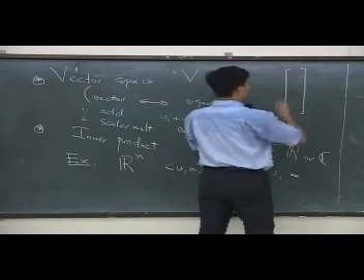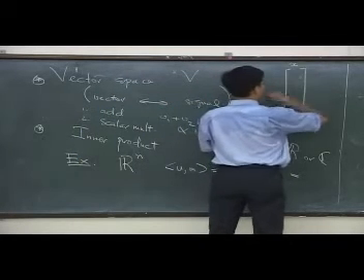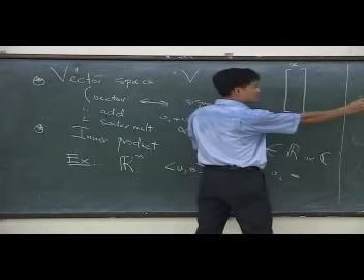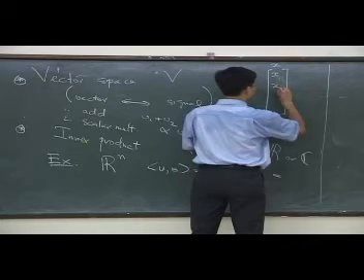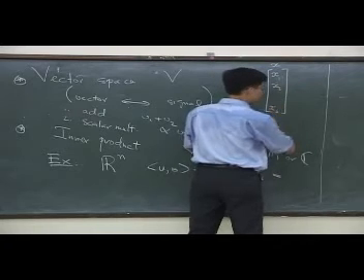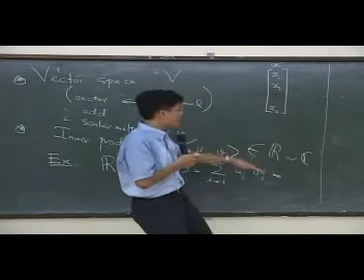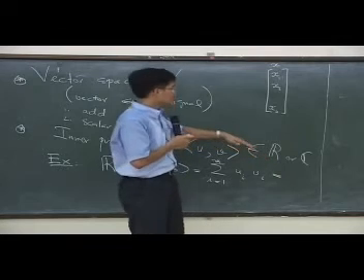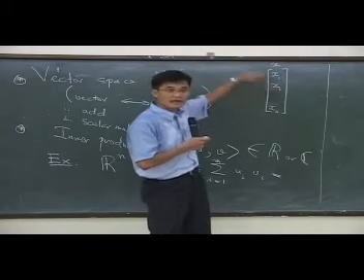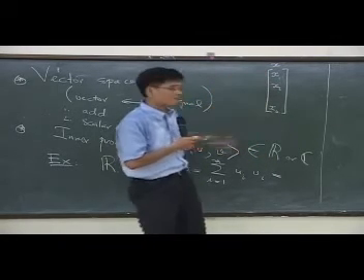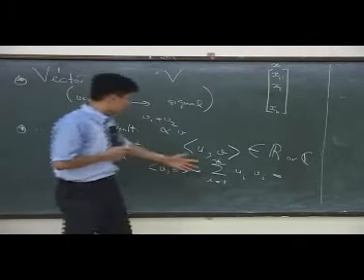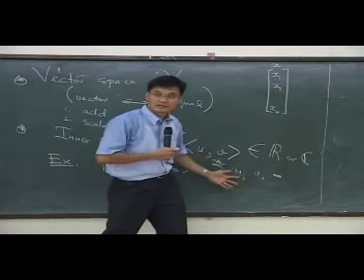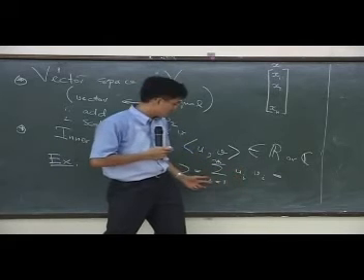So in an n-dimensional Euclidean vector space, any one of those vectors has n components. To define our inner product, I simply take the product and take the sum.